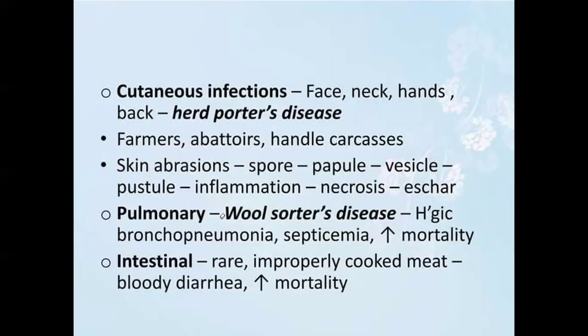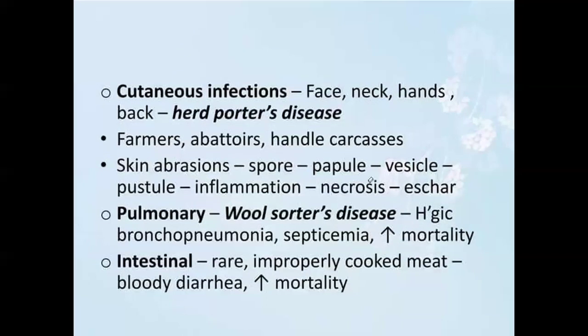Pulmonary manifestation means that it involves the lungs. What happens is when you inhale the spores from handling wool or the carcasses of these animals, that's why it's called wool sorter's disease. The people who would sort wool after collecting it would get these manifestations.